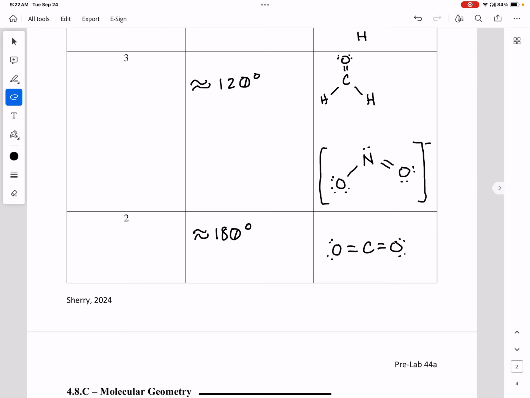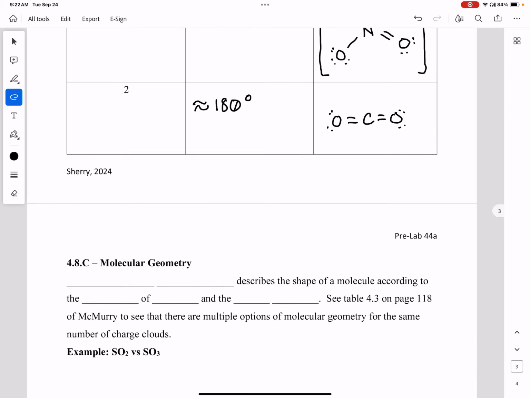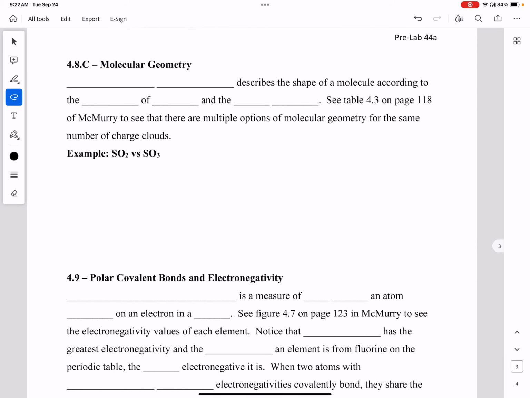Okay, so let's tie it all together and talk about molecular geometry. Molecular geometry is the description of the shape of the molecule. Instead of just writing out the angles, we're just going to give it all a name. So it's according to the number of bonds and the bond angle.